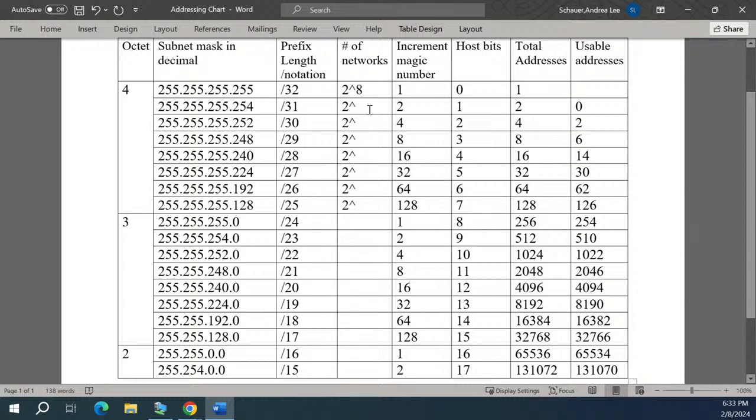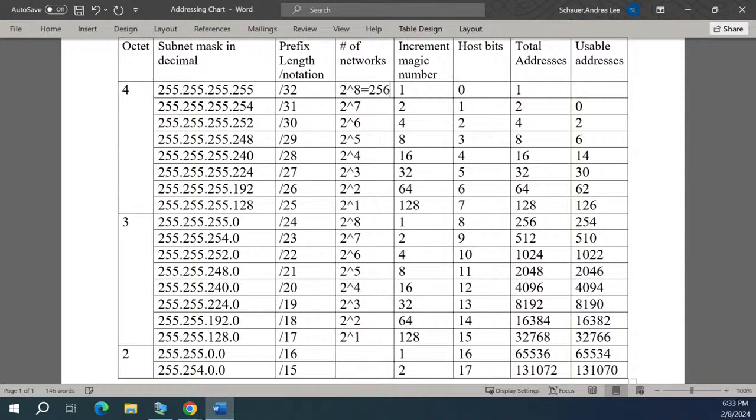8, 7, 6, 5, 4, 3, 2, 1. Where's my equal sign?